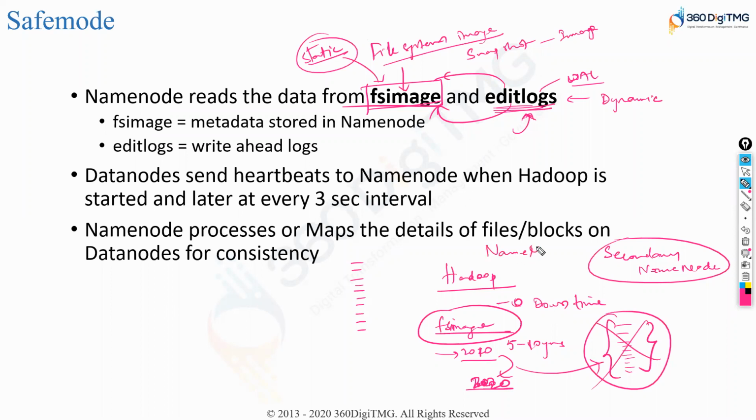It does not work like your name node. It doesn't work the same way. Okay. Secondary name node is only a storage device which maintains the metadata. Secondary name node only maintains metadata.